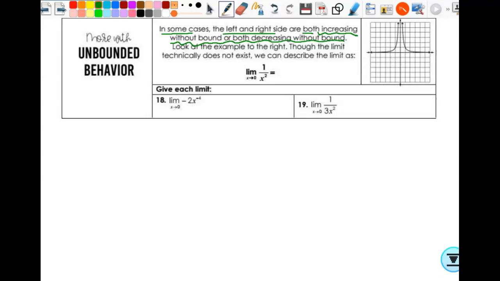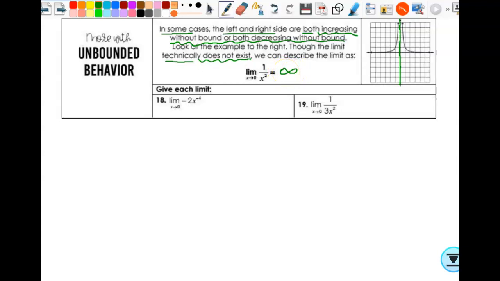So technically, by what we said earlier, this limit would not exist because if I want the limit as x approaches 0, there's a vertical asymptote there, and then it does not exist. But the better answer is does not exist, increases without bound, because it still tells you something about the graph. It's not just that, oh, it doesn't exist for any random number of reasons. So this does say, though the limit technically does not exist, instead of writing does not exist, increases without bound, it's acceptable to say infinity.